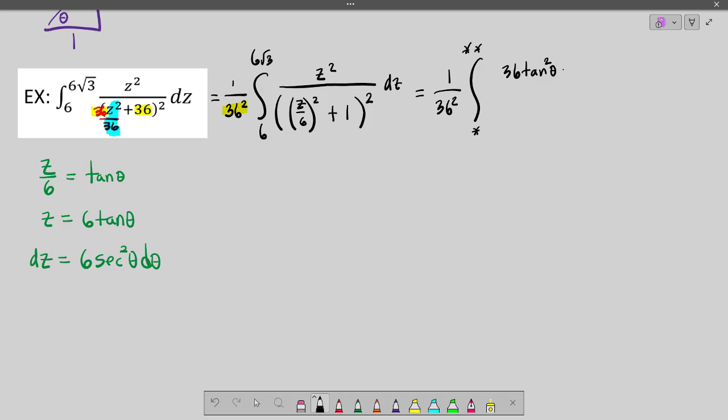Then the dz is going to be 6 secant squared. And then down in the denominator, we end up with tan squared of theta plus 1 quantity squared. So stare at that for a moment and make sure you see where all the parts came from.